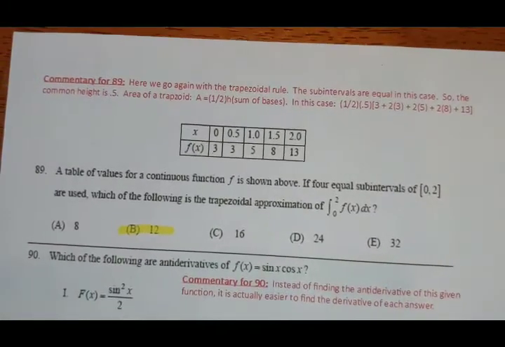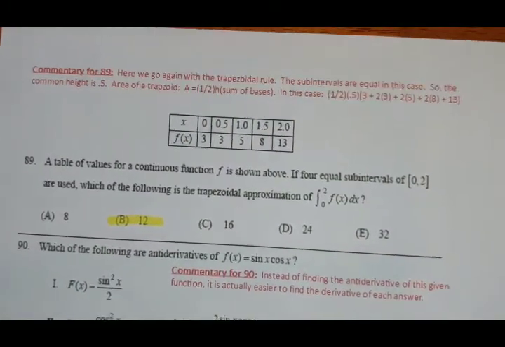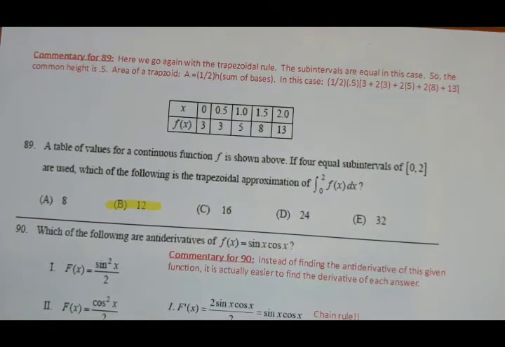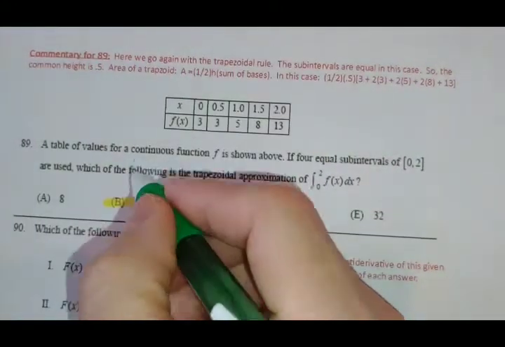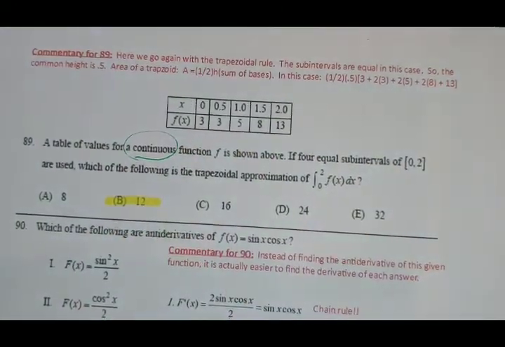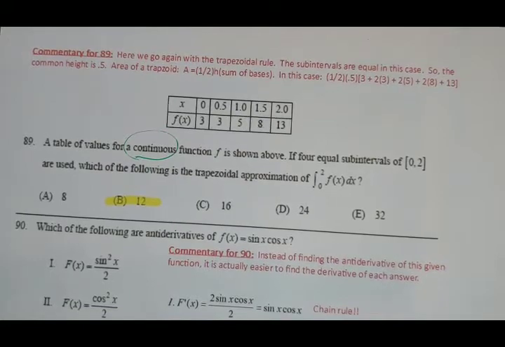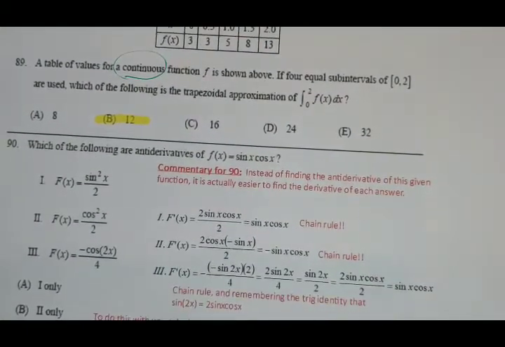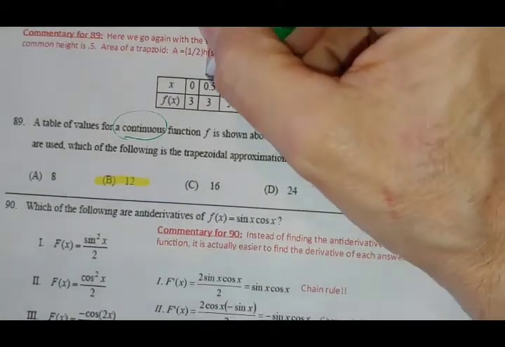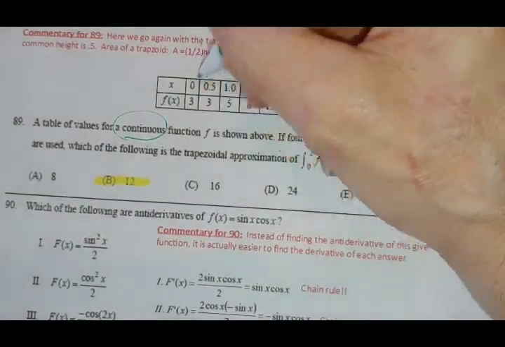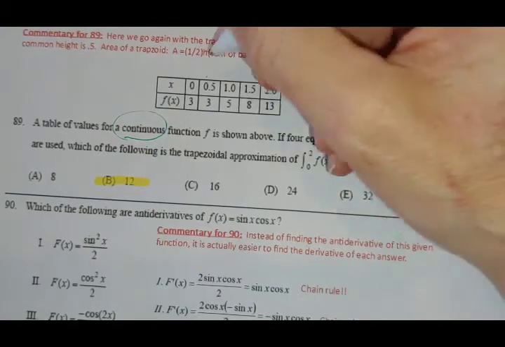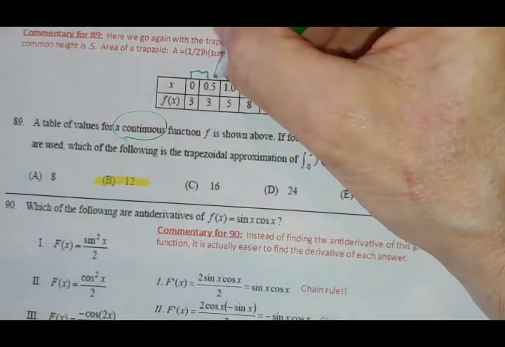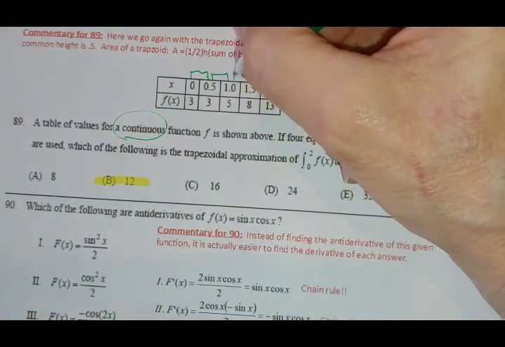Number 89, we've got two more. Number 89, a table of values is given for a continuous function. We use 4 equal subintervals from 0 to 2, and we're using the trapezoidal rule to approximate the net area. Four equal subintervals, so we know we have a common height in this case of 1/2.